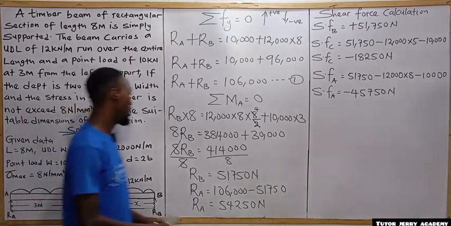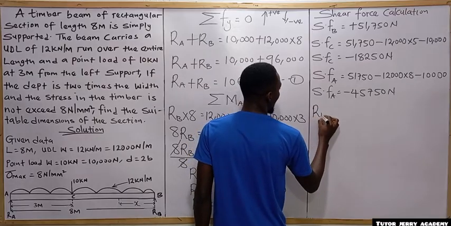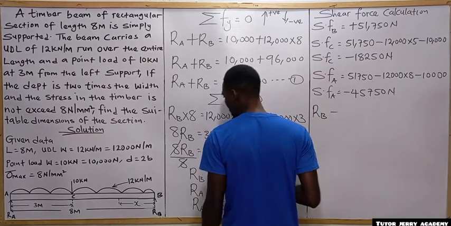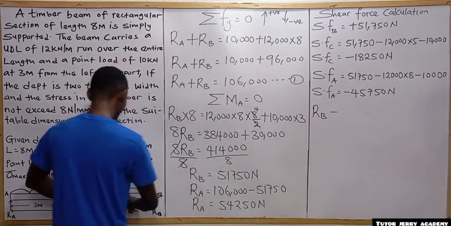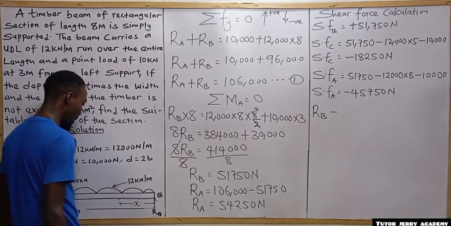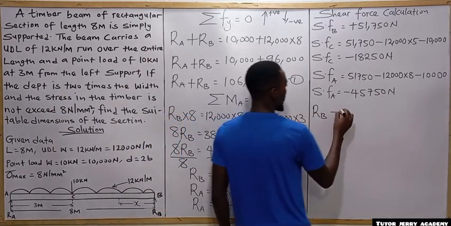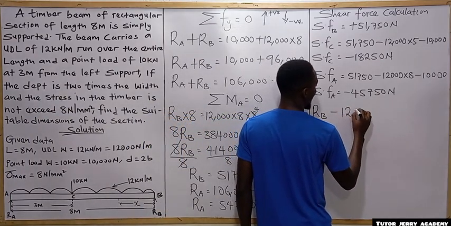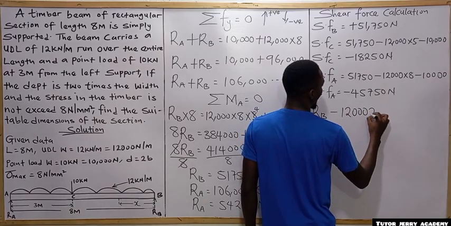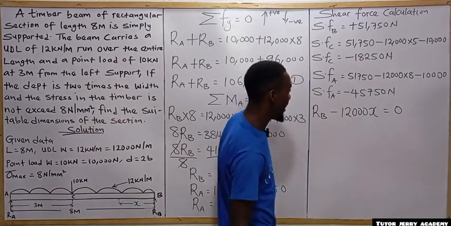For us to do that, we have RB minus, here we have a uniformly distributed load, which is 12,000 Newton per meter, multiplied by S. So it's going to be 12,000 S, equals 0.